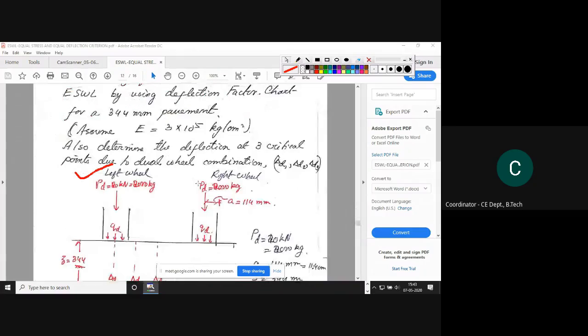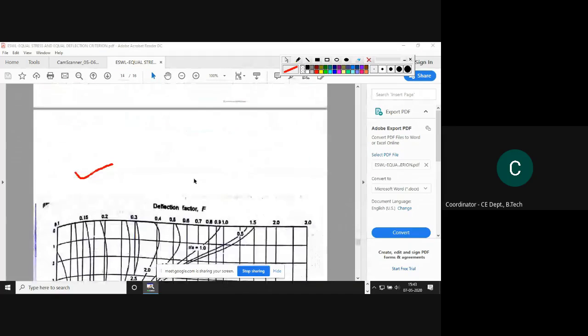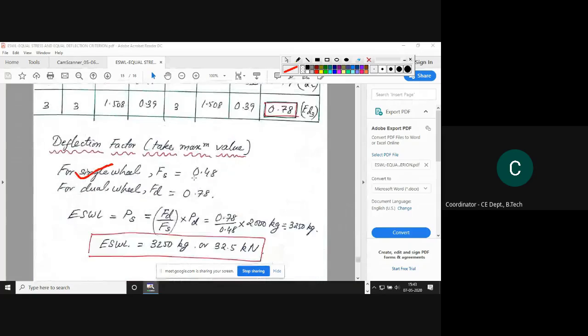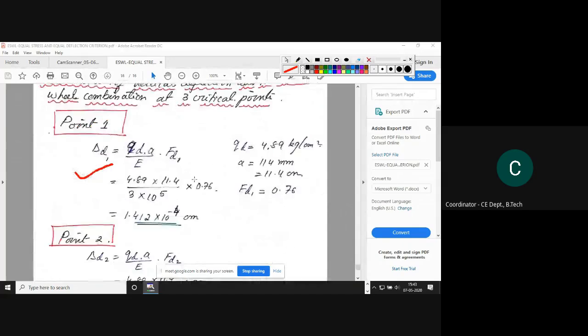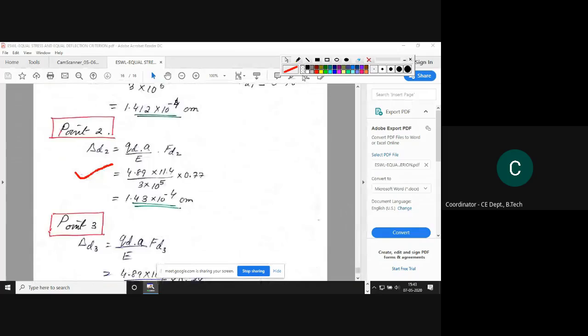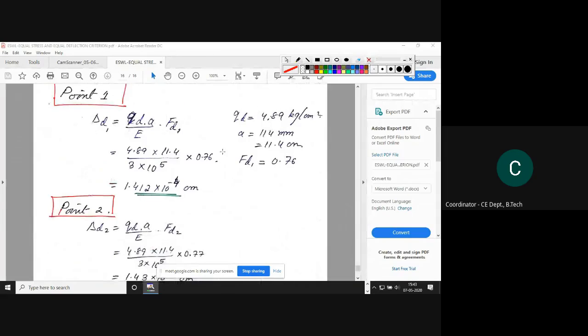Since we have two wheels, a dual wheel combination load is acting on that pavement, so we have to find delta D only. For the first point, delta D1; for the second point, delta D2; and for the third point, delta D3. So here it will be QD into A by E into FD1, because we are finding for 0.1.